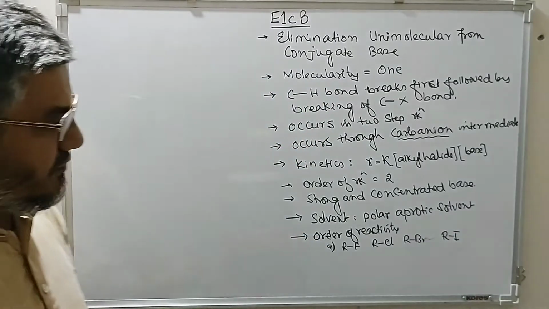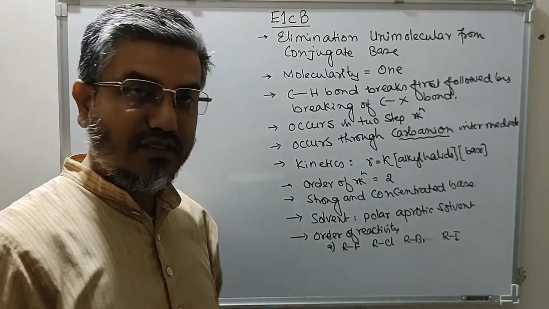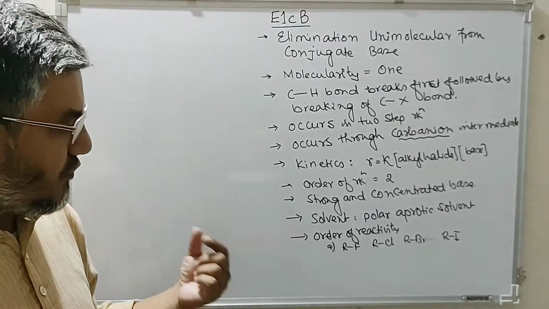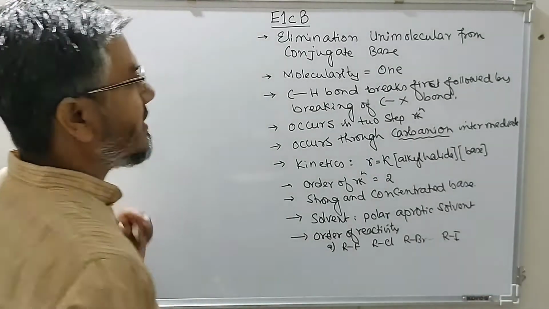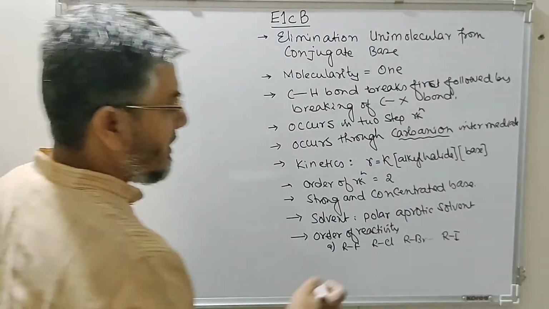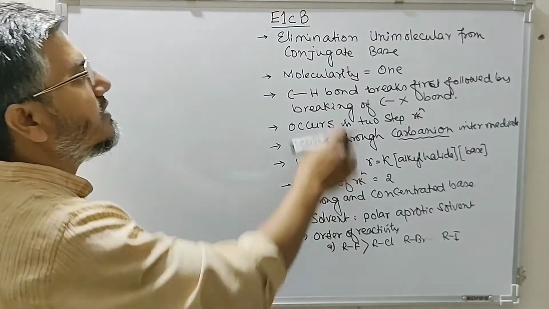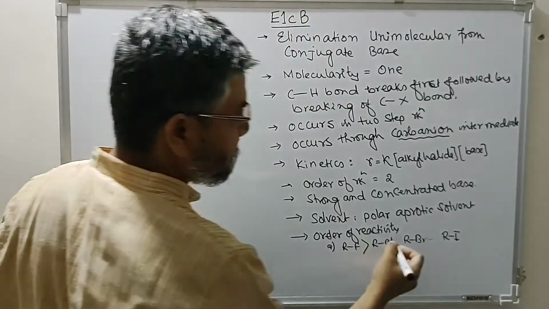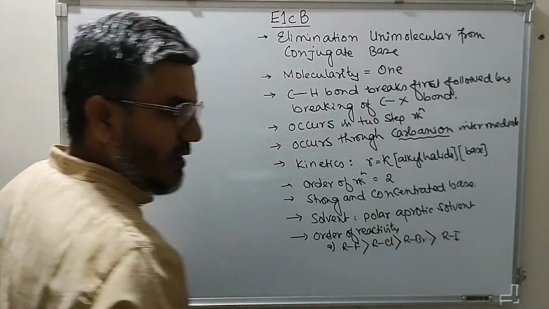So look at this, we have different halogens. Alkyl group remains same, halogen remains different. So if we have different alkyl halides, the most reactive or the fastest reaction is with alkyl fluoride. So alkyl fluorides are the most reactive for this E1cB, followed by alkyl chloride, followed by alkyl bromide.